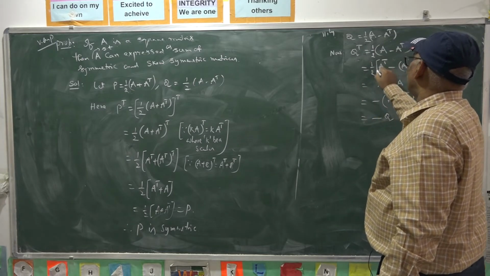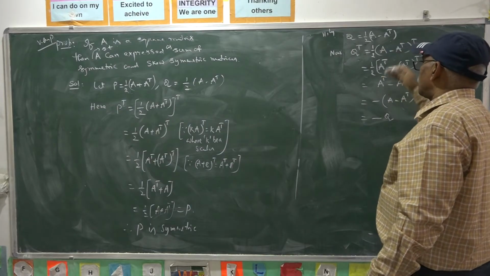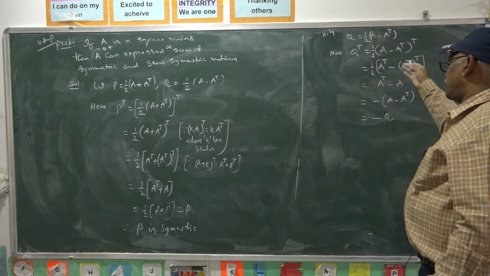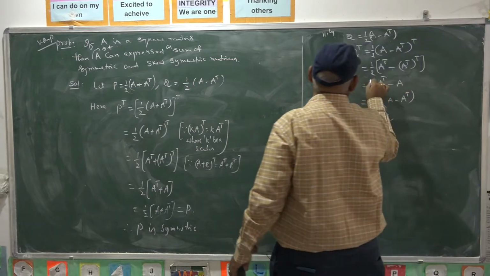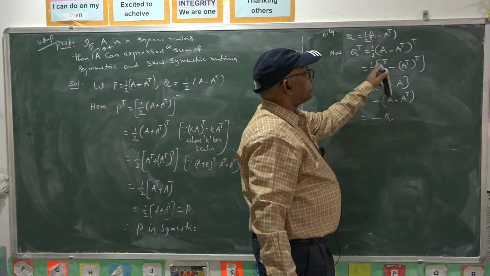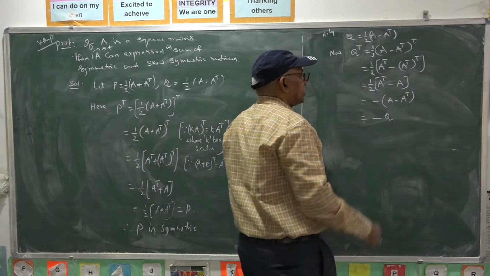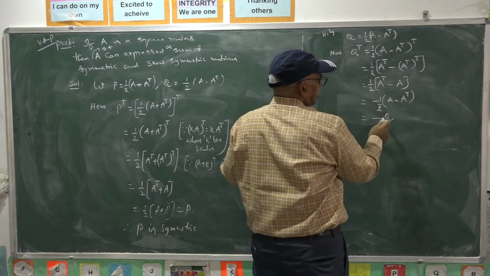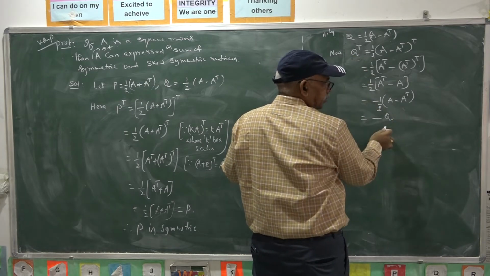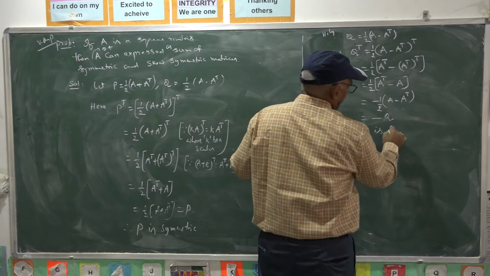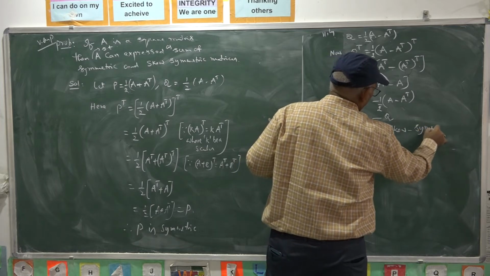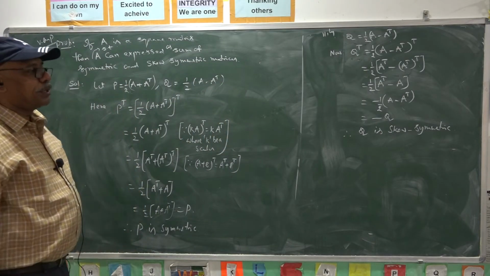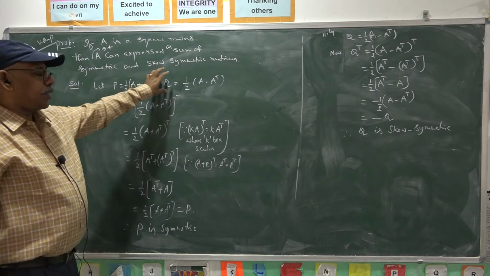As in the case of the previous procedure, this is A transpose minus A transpose whole transpose, which is half of A transpose minus A, since A transpose whole transpose is A. That is nothing but minus 1 by 2 into A minus A transpose, which is minus Q. So, Q transpose equal to minus Q implies Q is skew symmetric. P is symmetric and Q is skew symmetric.